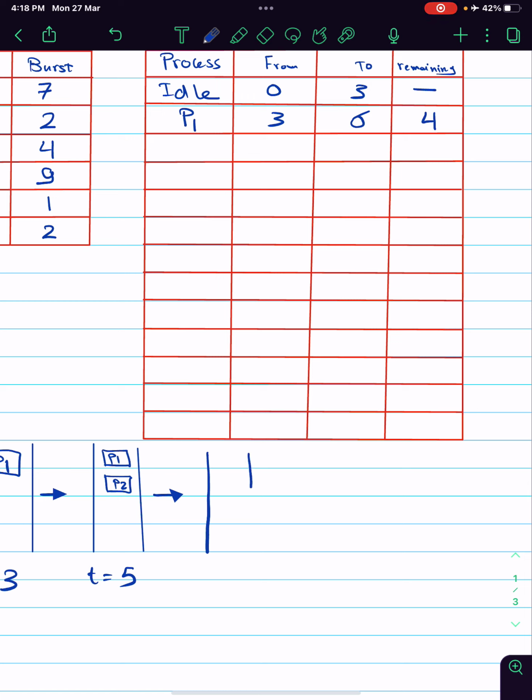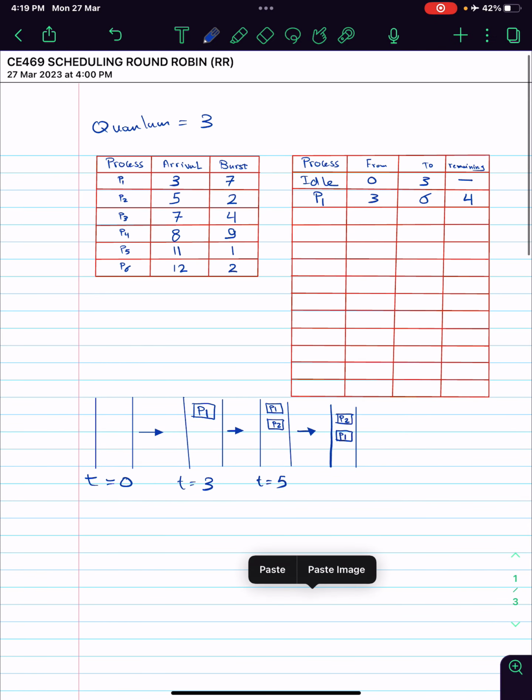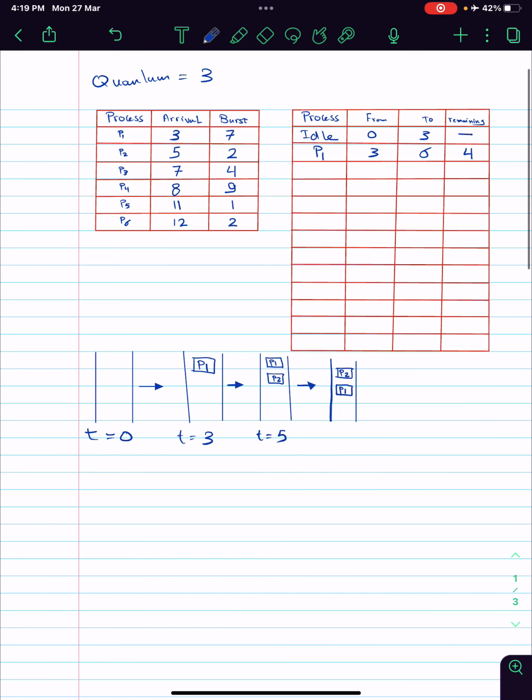P1 will leave the running state and go back to the ready queue, and P2 is going to be in the running state. The one at the head of the queue is the one in the running state. So this is at time equals 6.